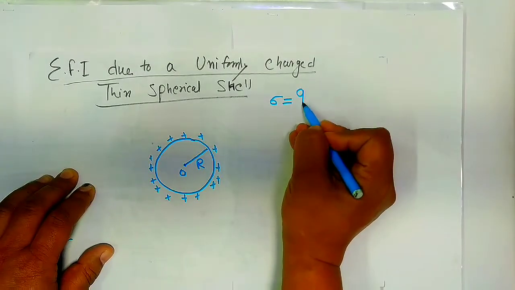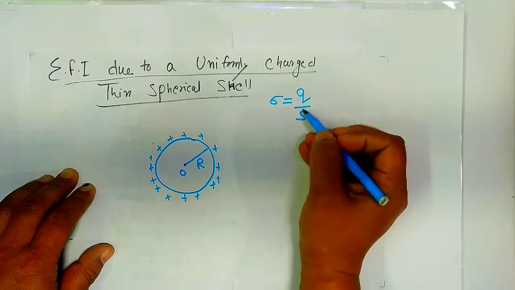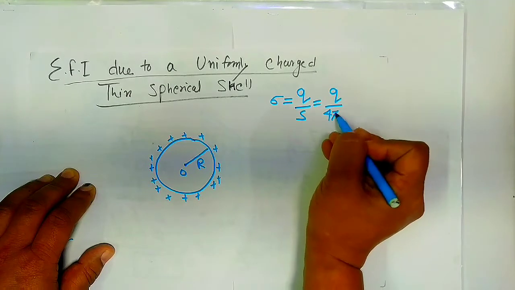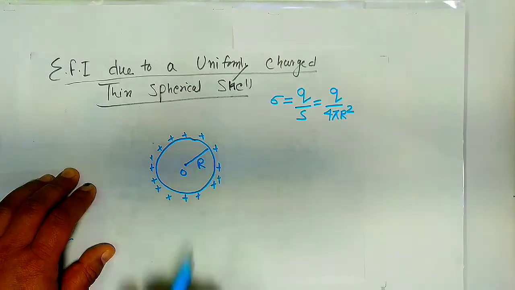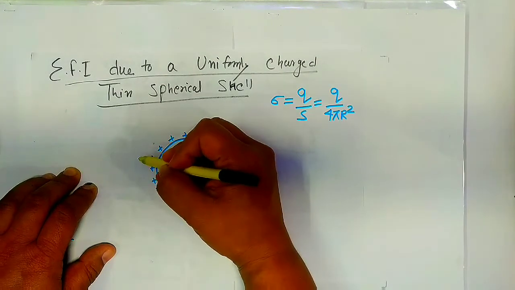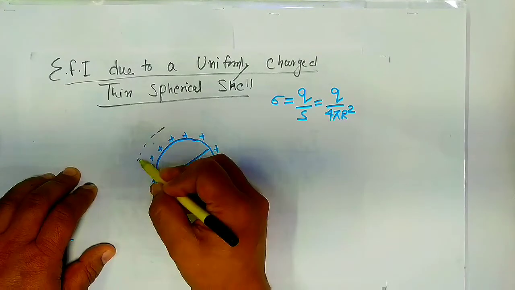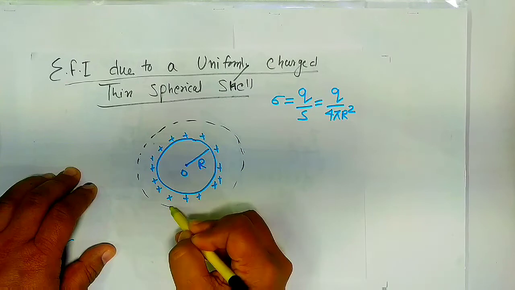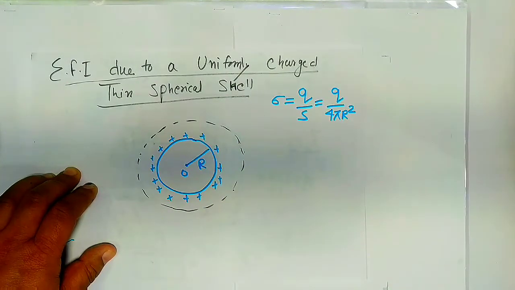All of you know, Q by S, the surface charge density. Here S is 4 pi R square. Now we take out the Gaussian surface.